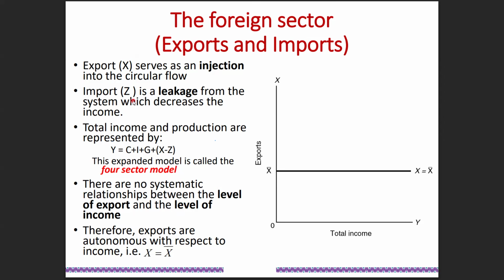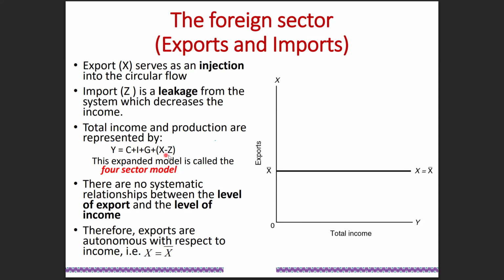Total income and production are represented by C plus I plus G plus X minus Z in a four sector model, because it consists of the foreign sector. We add exports because they are an injection, money spent within the economy, expenditure that happens domestically.